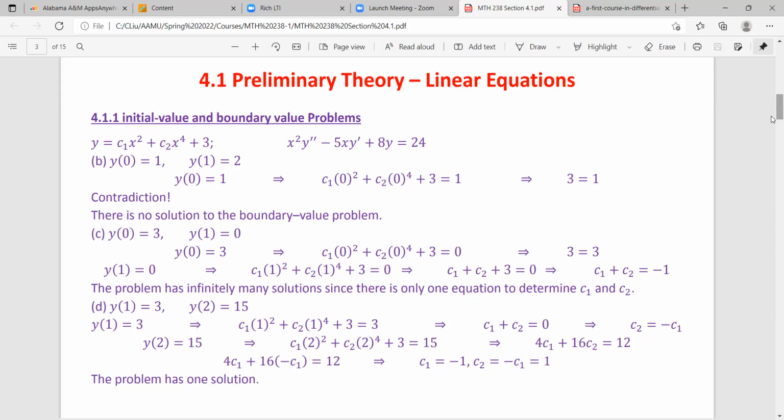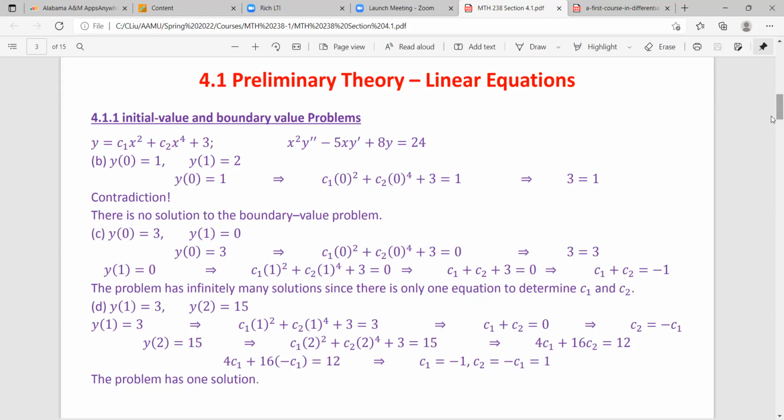All right, let's see more examples for the same equation. This time we give y of 0 equal to 3 and y of 1 equal to 0. Again, the boundaries are at x equal to 0 and x equal to 1, but the values of the function at the boundaries are different now.